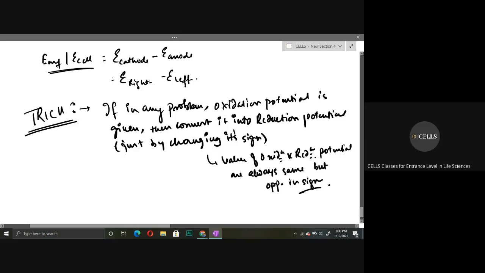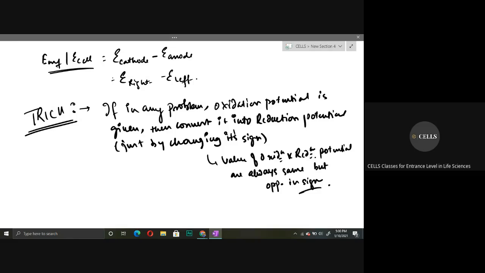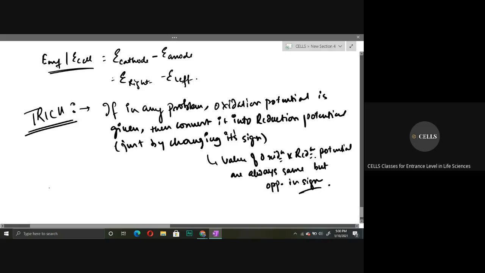So you have converted, suppose one reduction potential and one oxidation potential are given for the cathode and anode. Now the trick is, you calculate the E cell or the EMF as E larger value minus E smaller value.